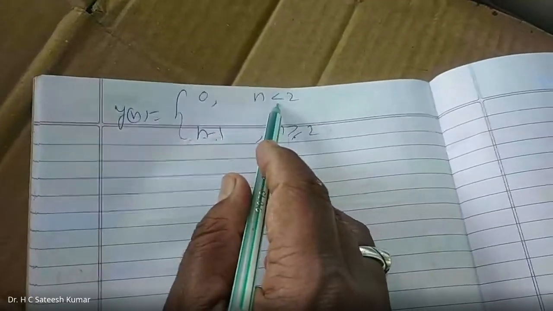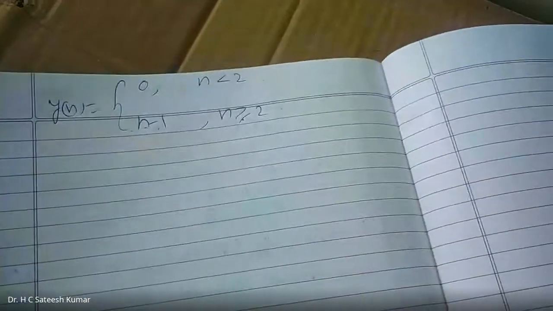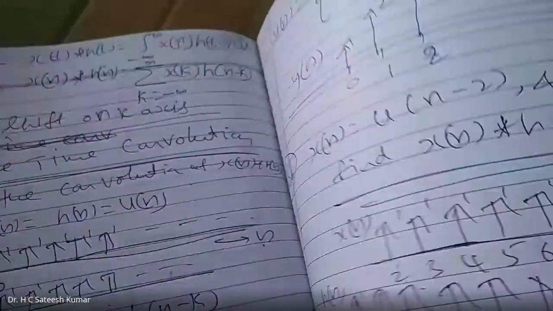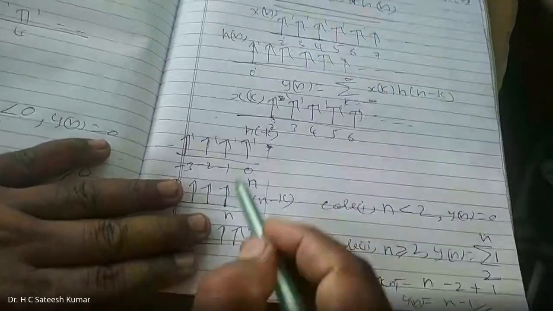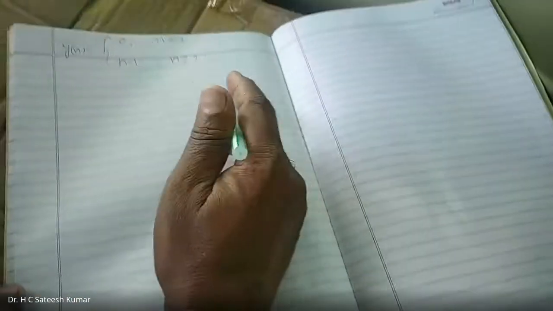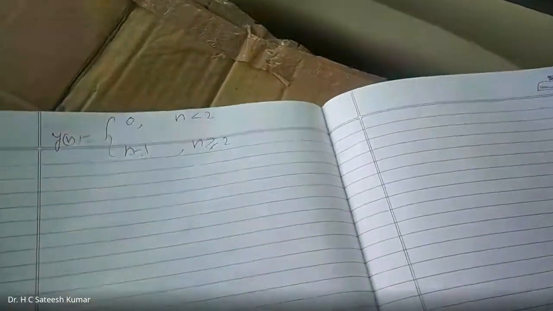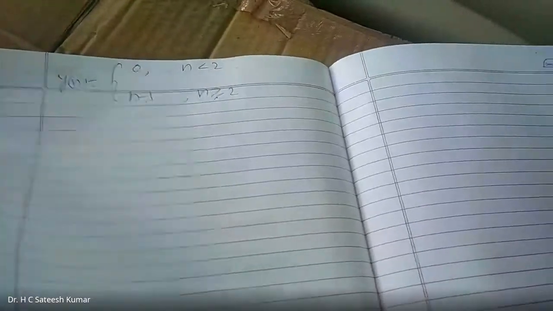Whenever it is 0, write less than. Verify with the diagram only. Verification: as long as this set is before 2, no overlapping, hence the answer is 0. For n greater than or equal to 2, at n equal to 2, what will I get? 2 minus 1 is 1. You check it out.